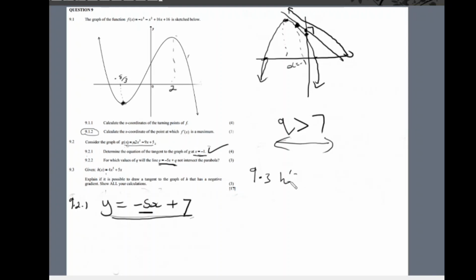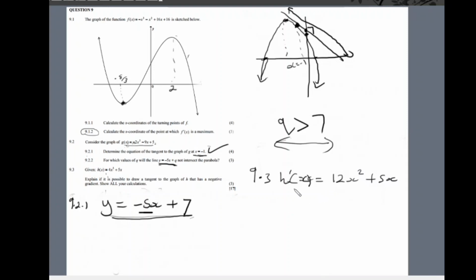And then if we calculate the first derivative of that function, we'll have h prime x equals, the first derivative of that will be 12x squared plus 5x, right?